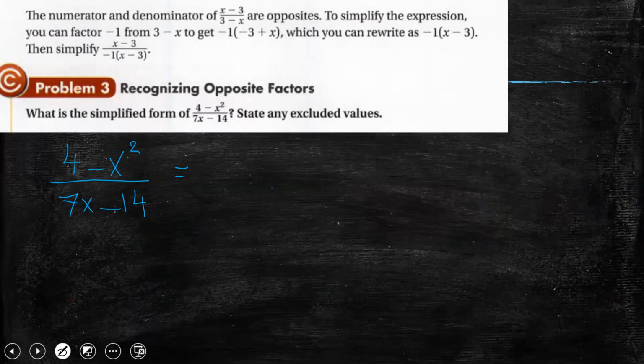How can I factorize it? I mean 4 minus x squared. How can I simplify it?